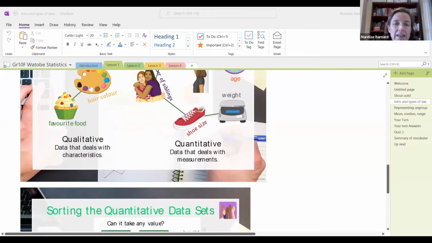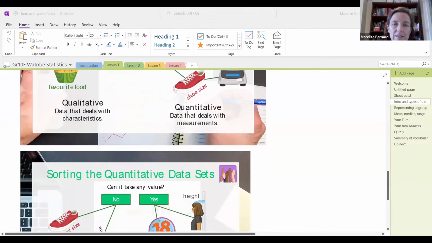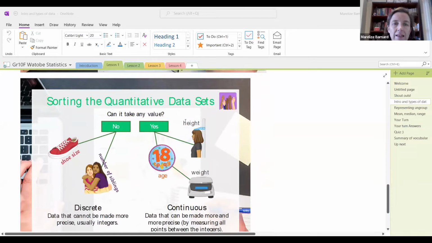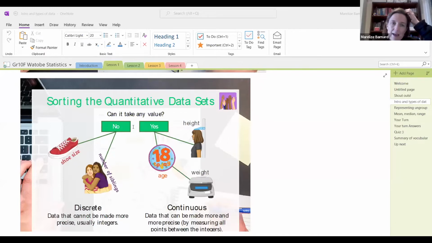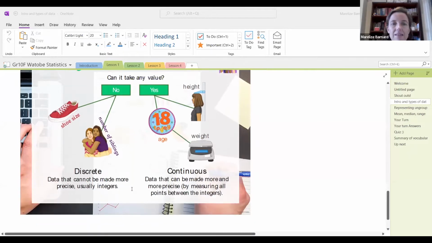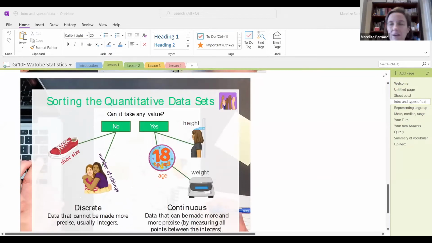Now, let's go further and classify our data even more. So we've got qualitative and quantitative. Now, can it take on any value? If it can't, meaning it has to be precise, it's an integer normally, like shoe size. Your shoe size can be like a 3 or a 4, a 4.5.